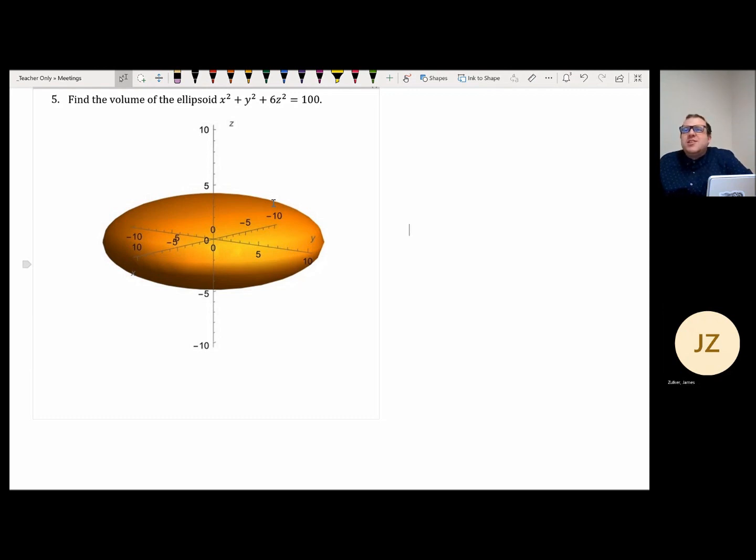Versus if we do cylindrical, theta is still 0 to 2 pi. R is what? Zero to 10, right? Because you're only looking on the XY plane. On the XY plane, this is a circle of radius 10.